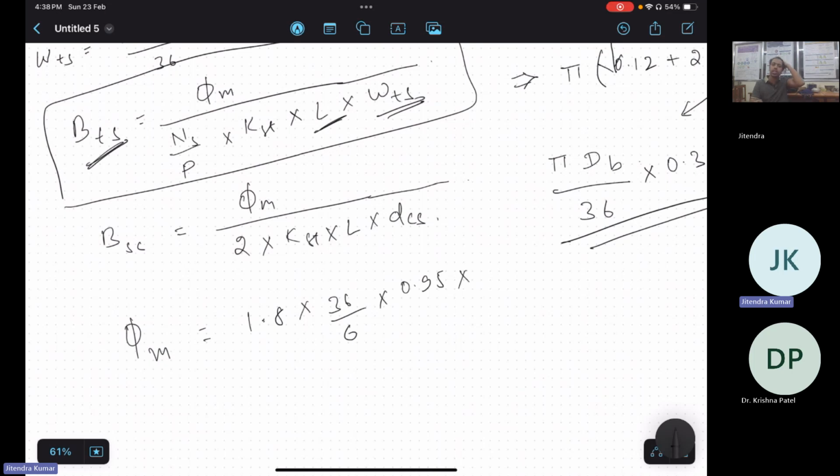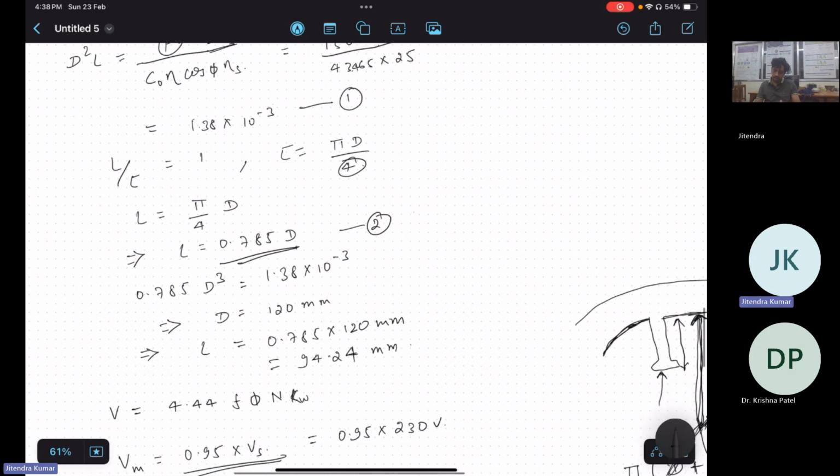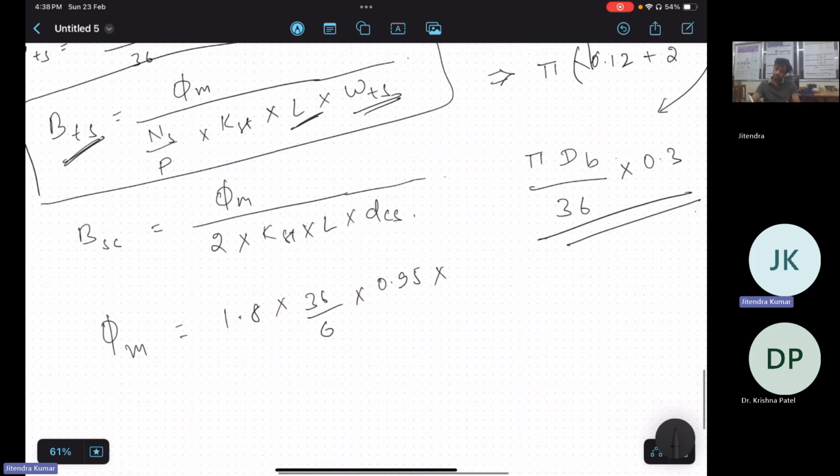Axial length is given here. How much? Axial length is given, or we have calculated here, 94.24 mm, into WT. So from here you can calculate phi m if you have calculated WTS.